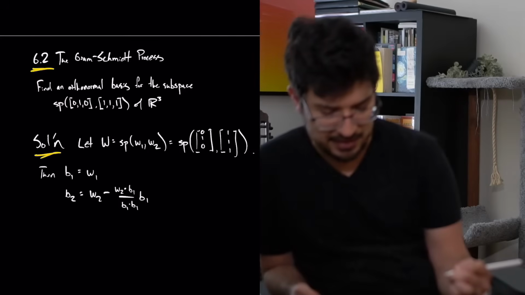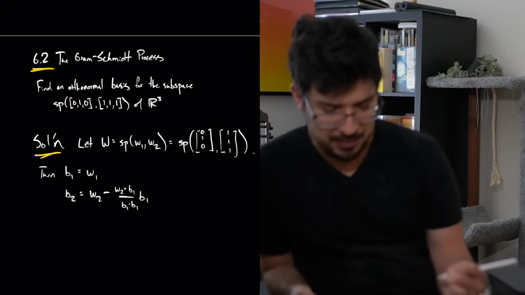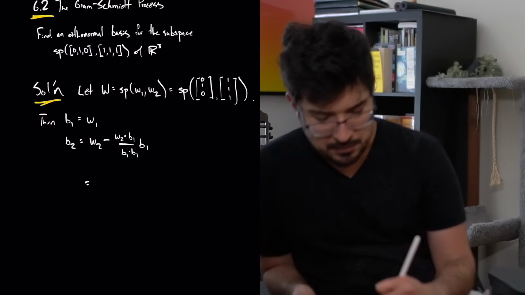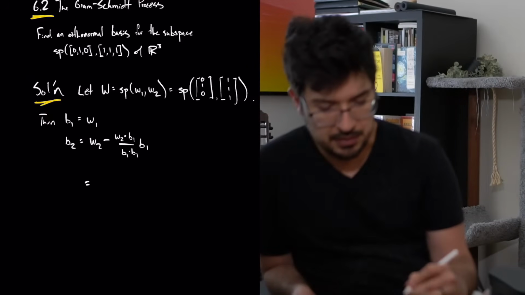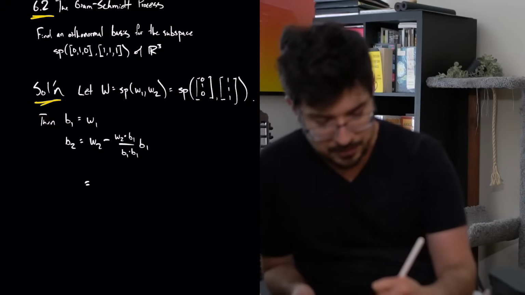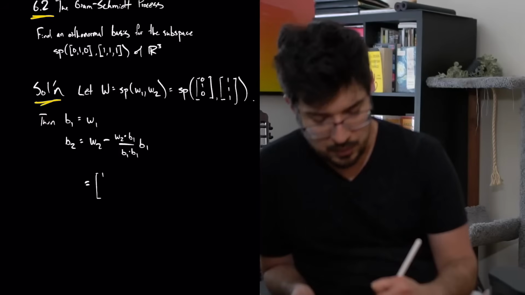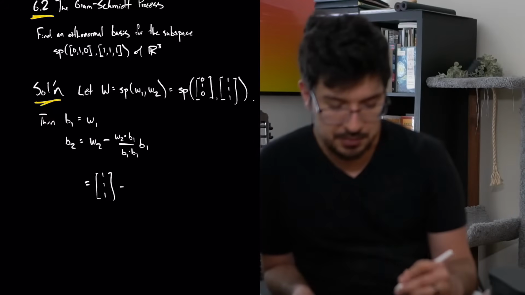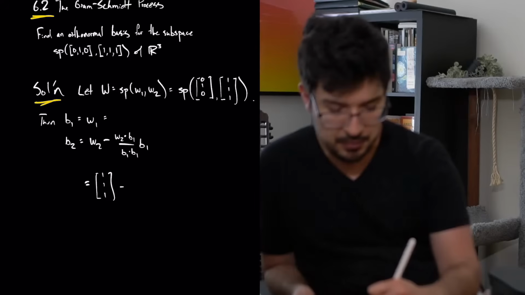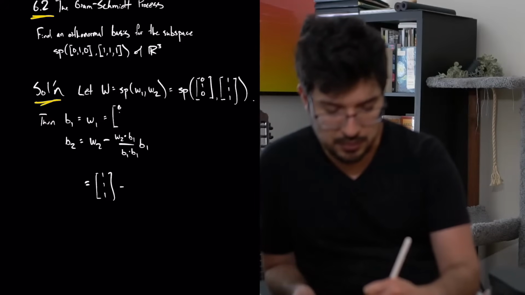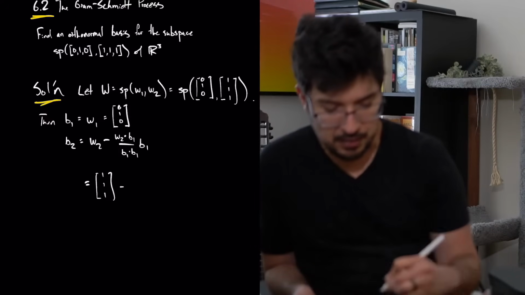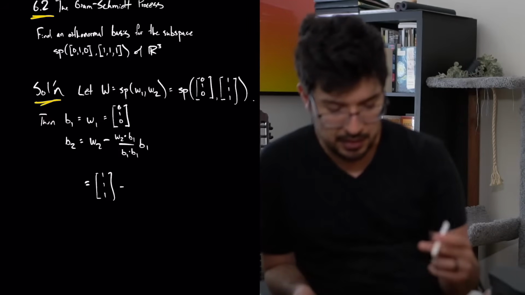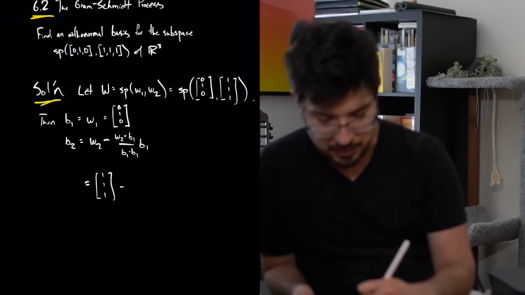I think that this is correct. I may have gotten that backwards, but no, I believe that this is correct. Okay, so W2 is 1, 1, 1. The dot product of W2 and B1, 0, 1, 0, would be 1.